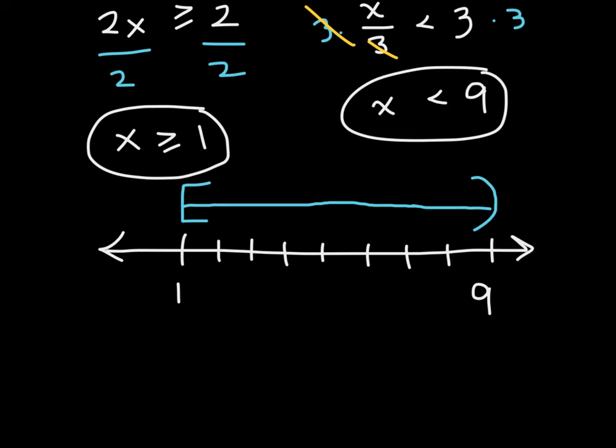The last thing I'll do is provide the solution set in interval notation. Remember, interval notation means that you want to read your graph from left to right. So as I read my graph left to right, I read a bracket at 1 all the way to a parenthesis at 9.